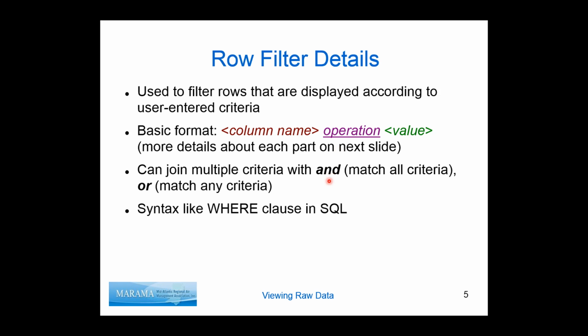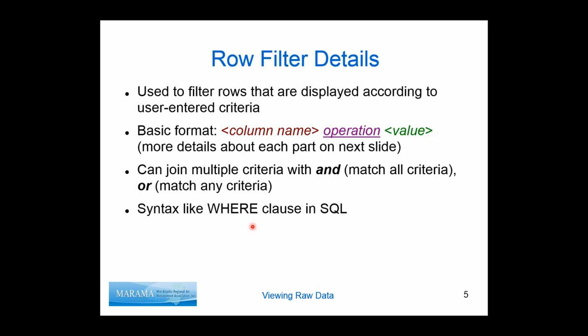And then I mentioned how you can have multiple criteria with the AND or the OR, and how AND is going to match all the criteria. Like the annual emissions being greater than 1,000 and less than 10,000. OR would let you do something like find me all the rows where the SCC is this SCC or some other SCC.